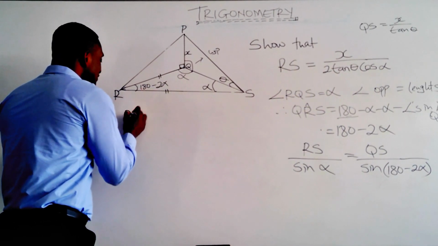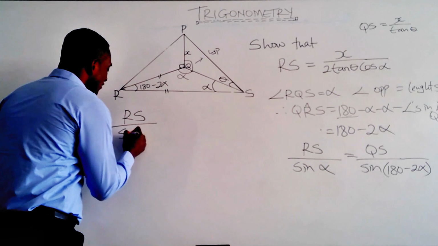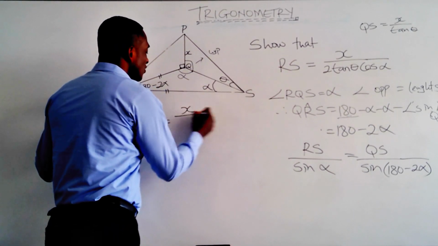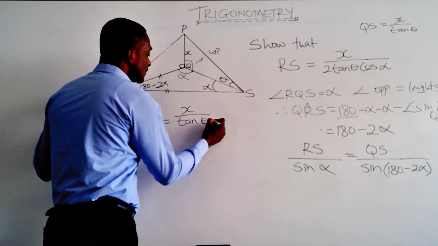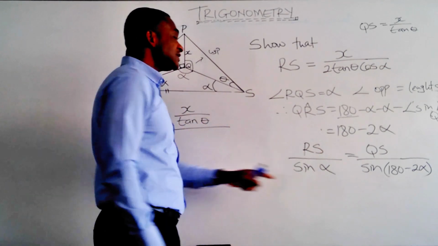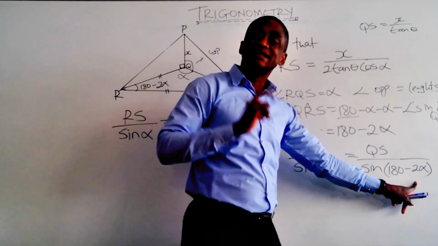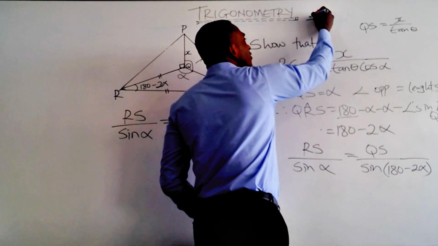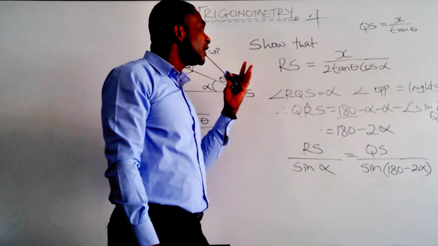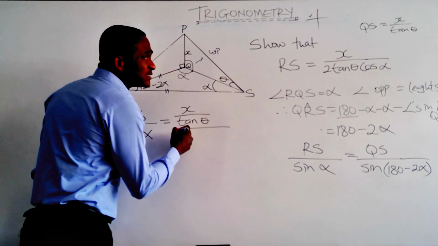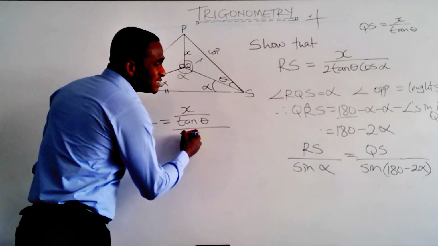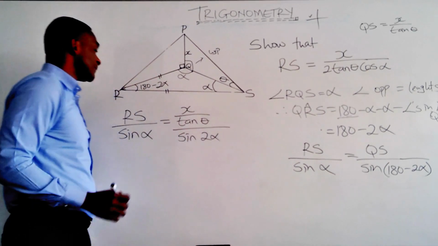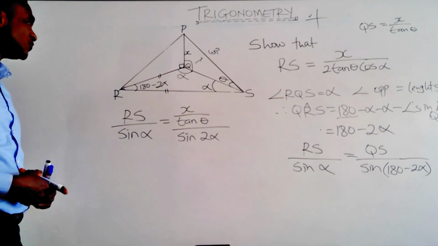We have RS over sine alpha is equal to x over tan theta over sine of 180 minus 2 alpha. Using the reduction formula, 180 minus anything is in the second quadrant of sine, so its sign is still positive. That will give us sine of 180 minus 2 alpha equals sine of 2 alpha.